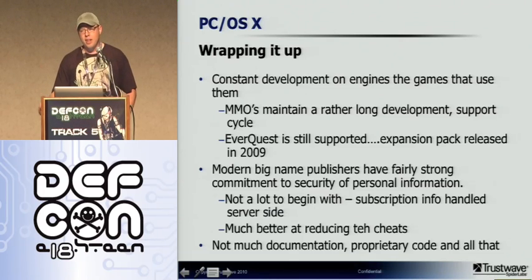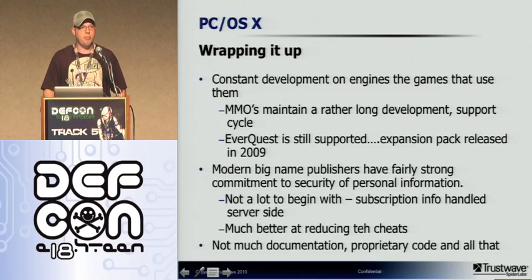Big name publishers have a very strong commitment to security, but they also have a very strong commitment not to release documentation on their platforms. So if you wanted some really good technical information about Warden or the Valve anti-cheat client, you're simply not going to get it. The information that exists all comes from you guys, the hacker community.